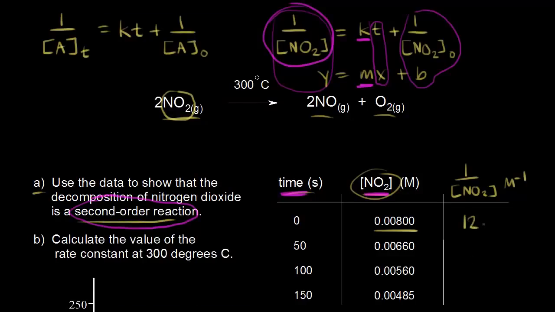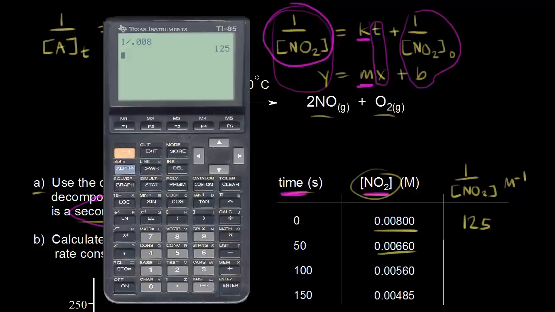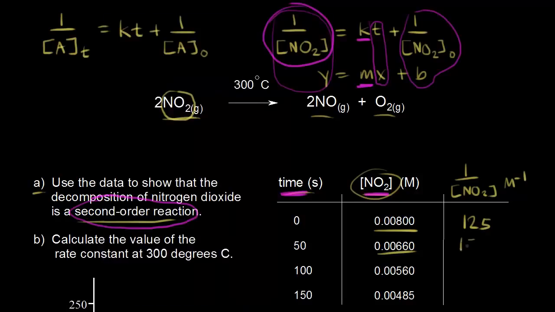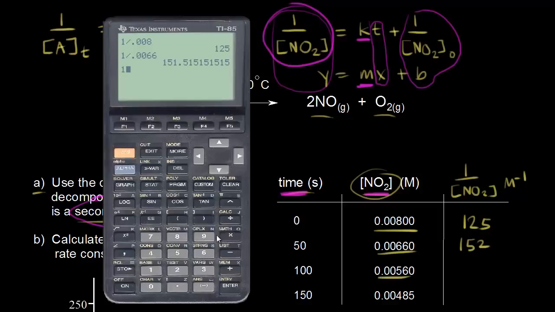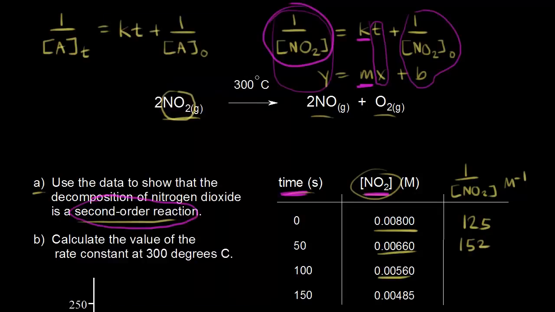So this is 125. Next, we have 1 over 0.0066. So 1 divided by 0.0066 gives us 152. So we have 152 here. Next, we have 1 over 0.0056, and that gives us 179.